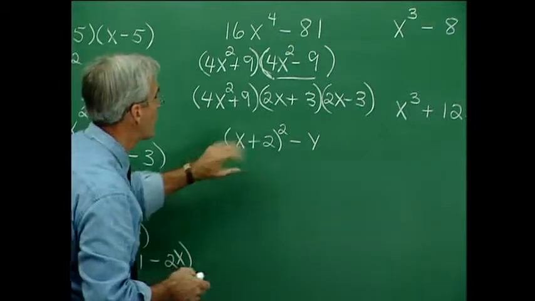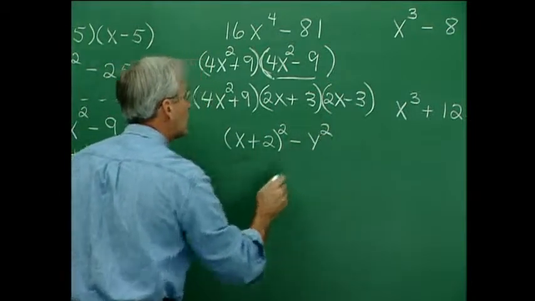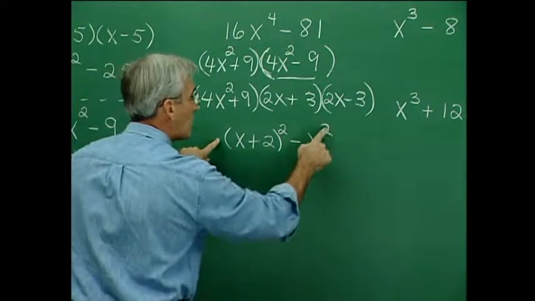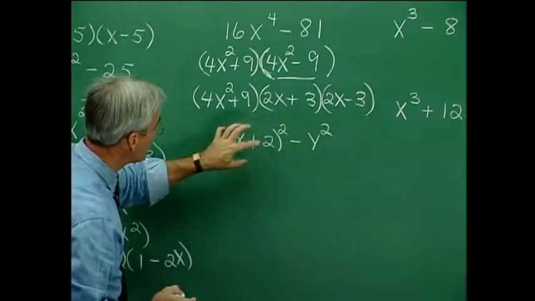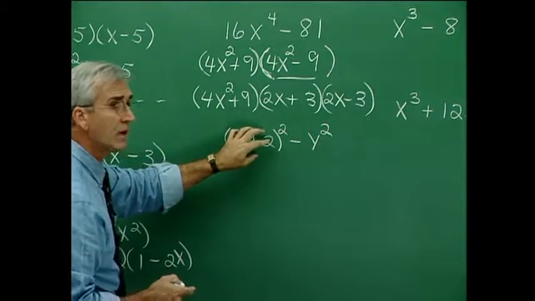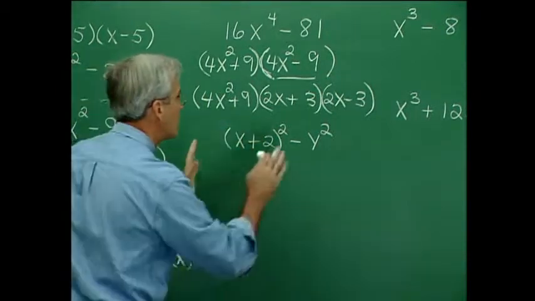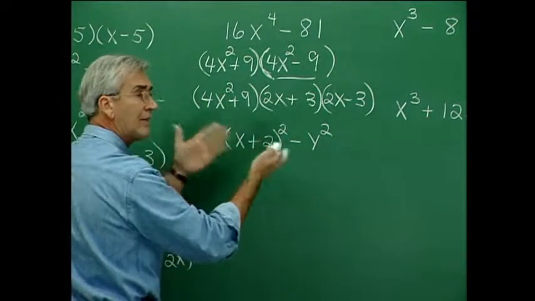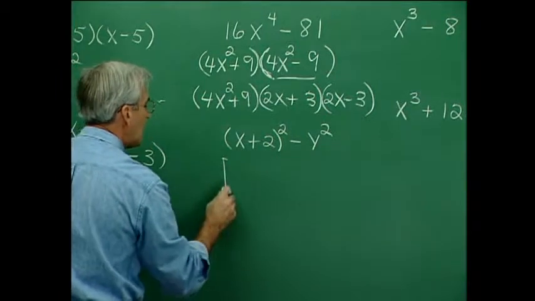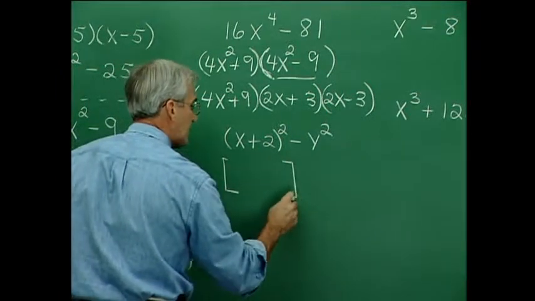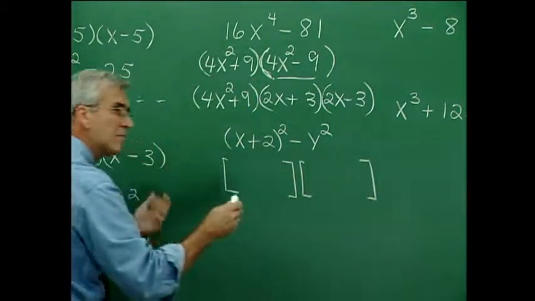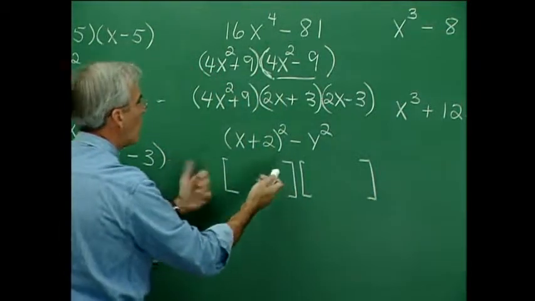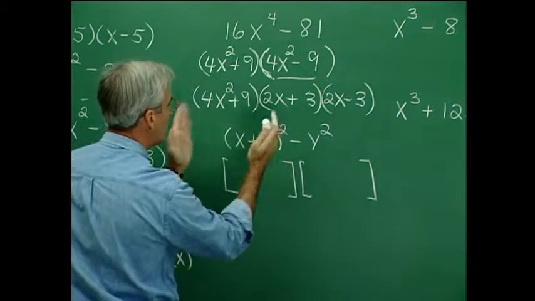Here we have a situation where, and I've copied this wrong, this is x minus 2 squared minus y squared, and this is the difference of two squares. It's just that one of the terms being squared happens to be a binomial. But that's no big deal. You're just following through with the same kind of technique that we've been talking about. Pop in a bracket here, I would suggest, and use the same idea that we had before. What's being squared to give this first term?